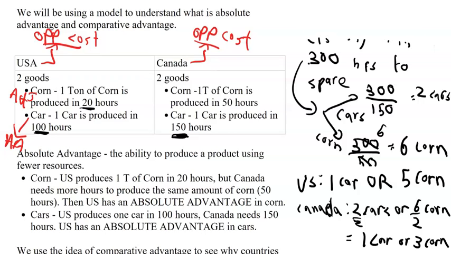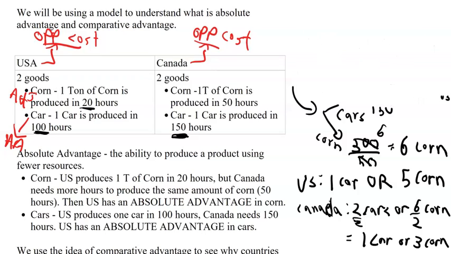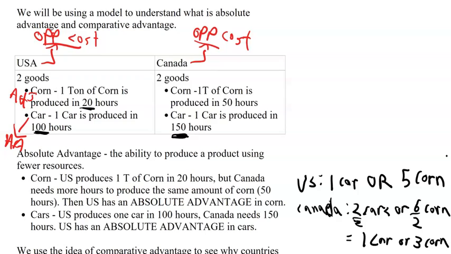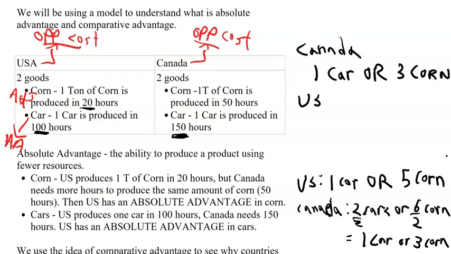So let me write it up here now. So in this case, Canada can produce 1 car by giving up 3 tons of corn. US can produce 1 car by giving up 5 tons of corn.